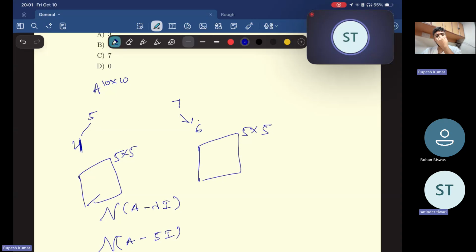So if the maximum allotted space is 4, the geometric multiplicity can't exceed the 4 places. Because you have only 4 seats available. So how can 5 sit on 4 seats? Are you getting my point?